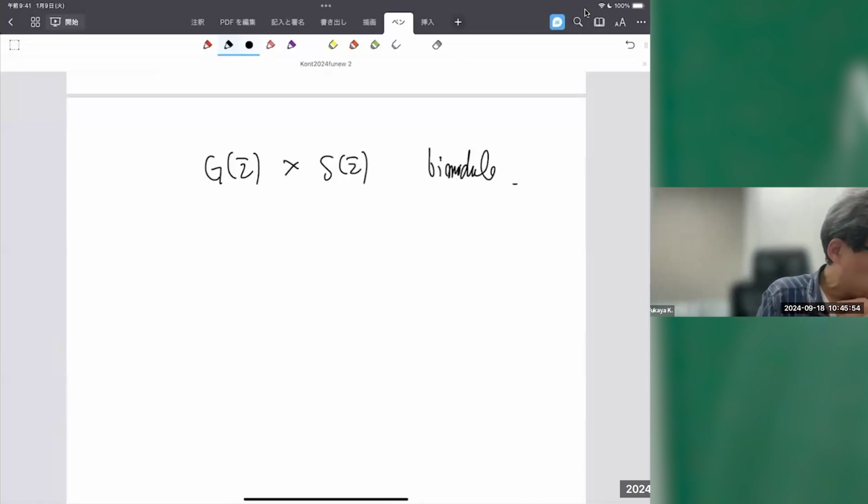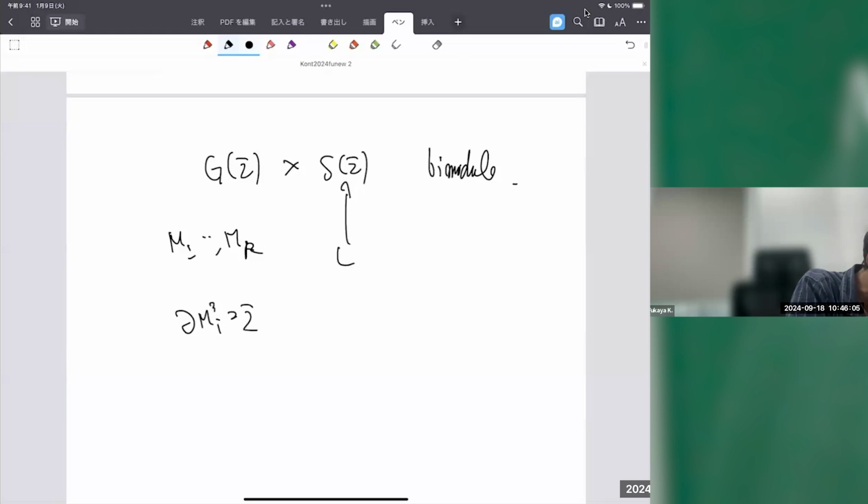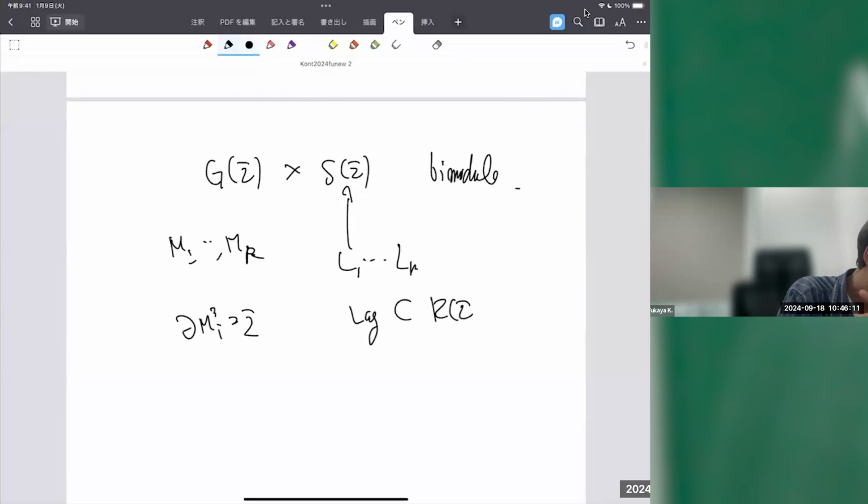So what is this? Suppose you have M1 to MK, so it is an object here. It means that the boundary of M, a three-manifold, is sigma. And here you have L1 to LK, Lagrangians in the space of flat connections.